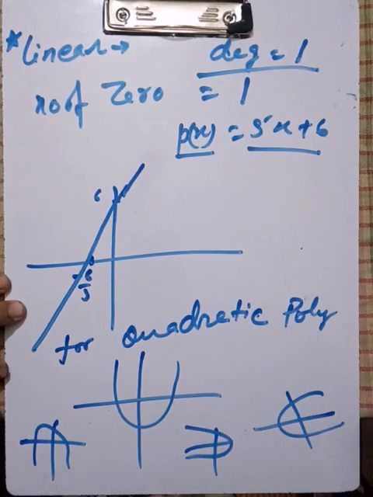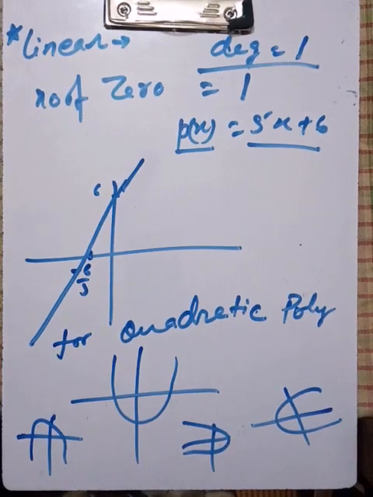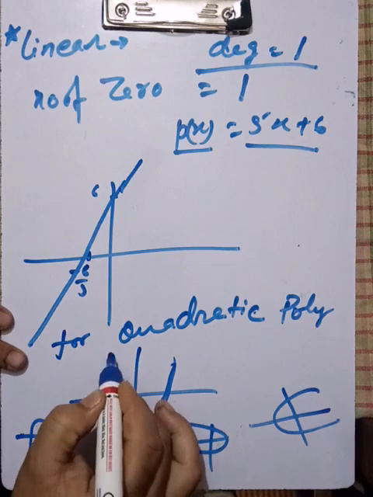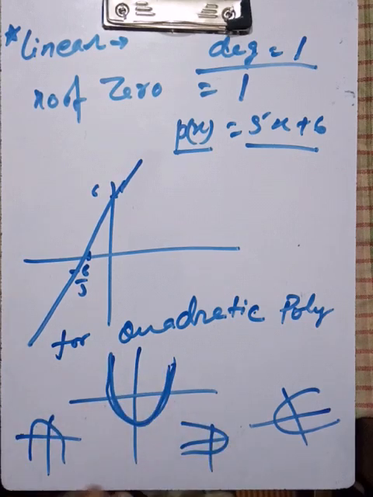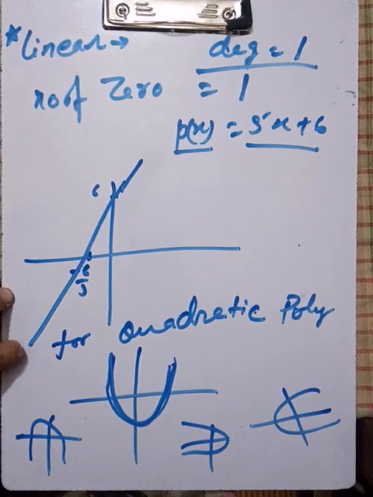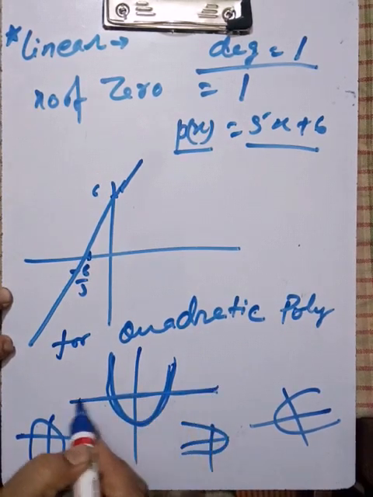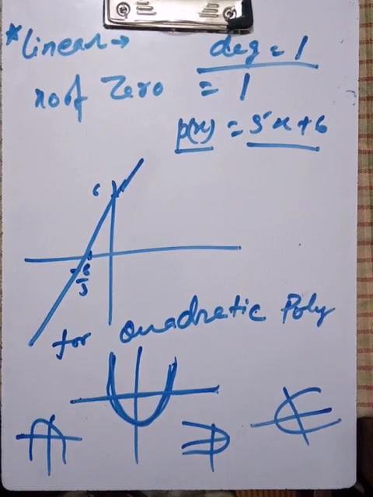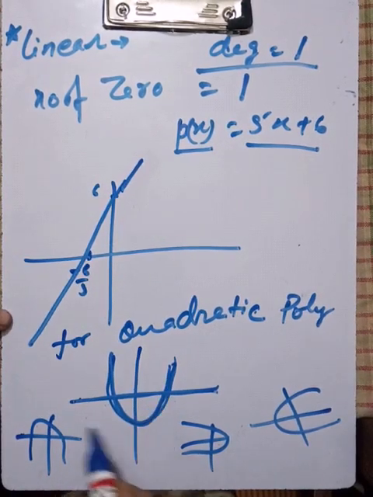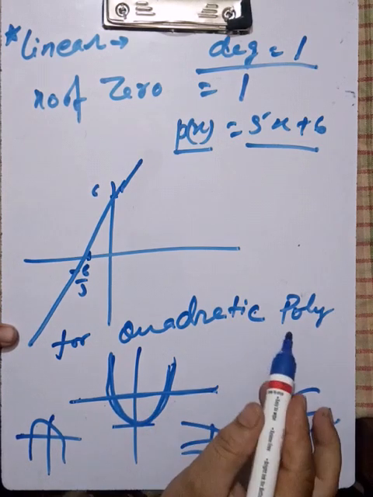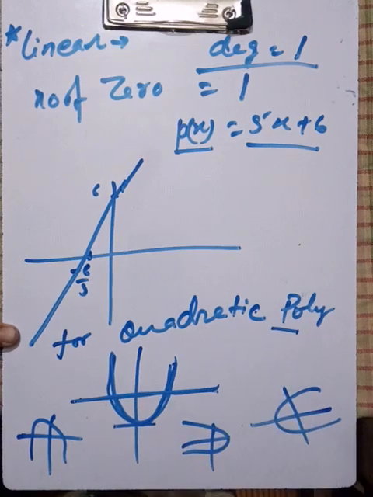Whatever it is, only one fold is here. One more thing, if the polynomial has a real root, then it will intersect the x-axis. If the polynomial does not have a real root, it will not intersect the x-axis. If one fold is there, degree will be 2.